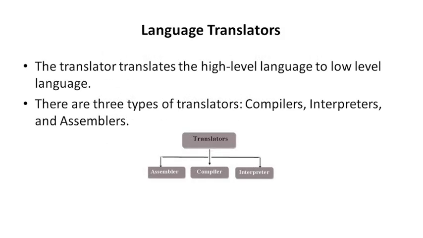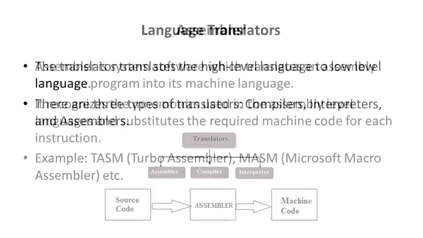In this session we discussed the language translator. What do you mean by a translator? A translator is nothing but something which translates high level language to low level language. We have three types of translators: compiler, interpreter and assembler.